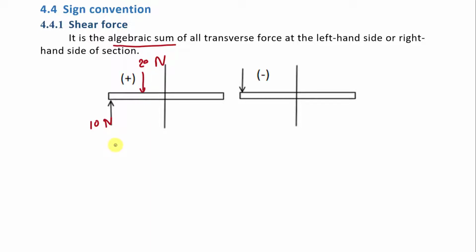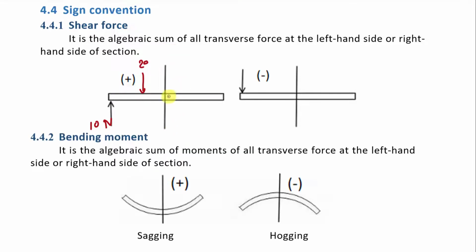So what will be the value of shear force? It is equal to this 10 Newton, which is in the upward direction, so we will take it positive. So it will be plus 10, and here this 20 Newton is in the downward direction at the left hand side of this section, so we will take it negative, so it will be minus 20. So finally the shear force at this section will be minus 10. I hope it is clear to you, right?